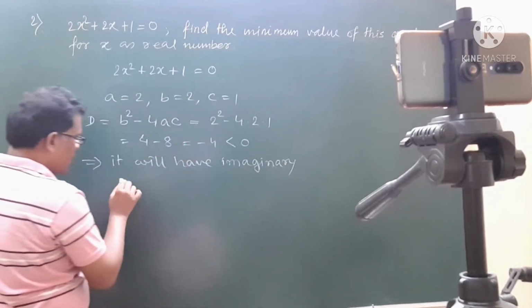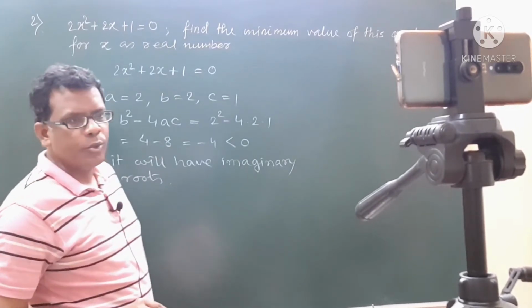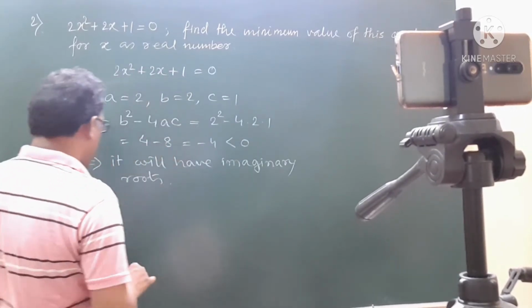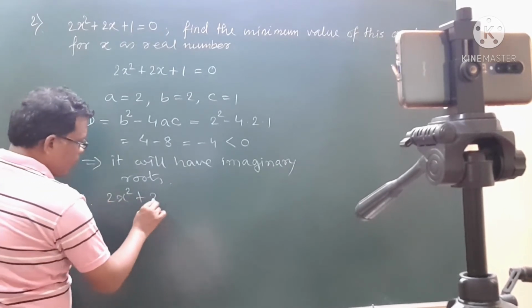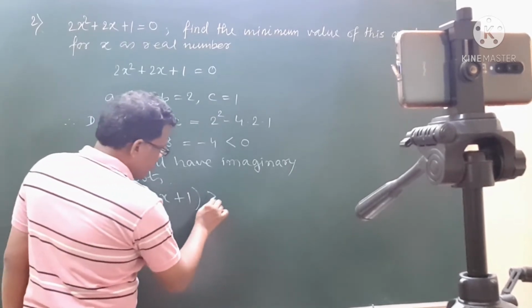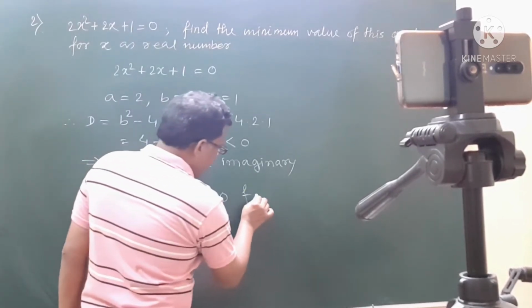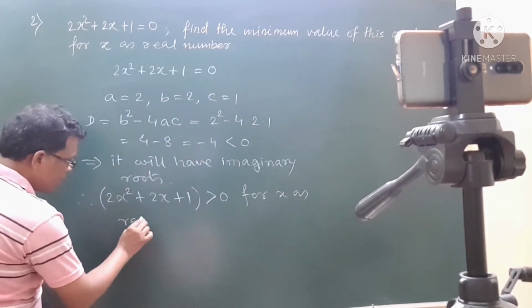So once a quadratic equation has imaginary roots, as per the concept, this 2x square plus 2x plus 1 must be positive for x as a real number, isn't it?